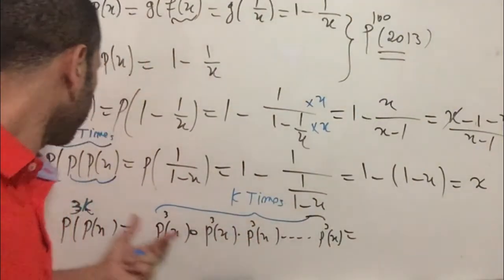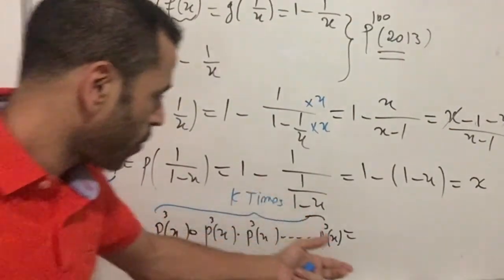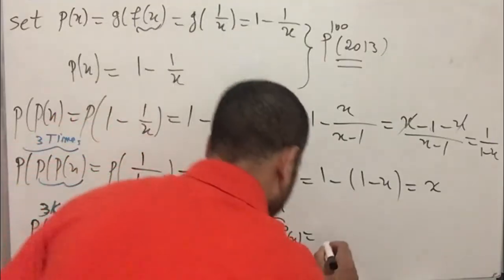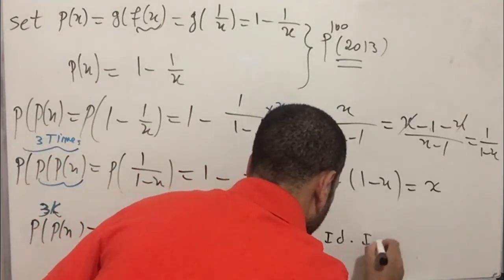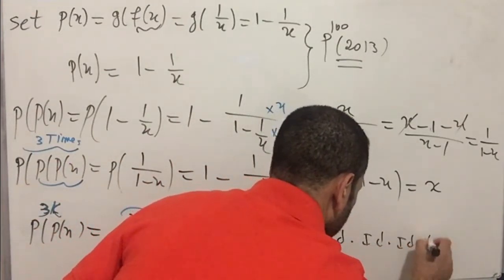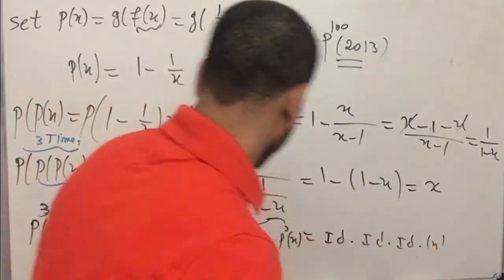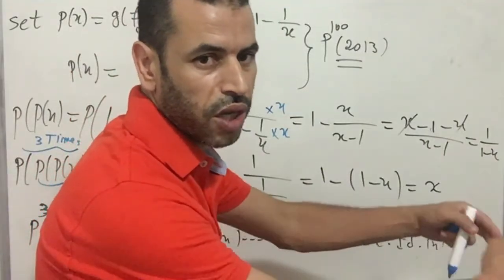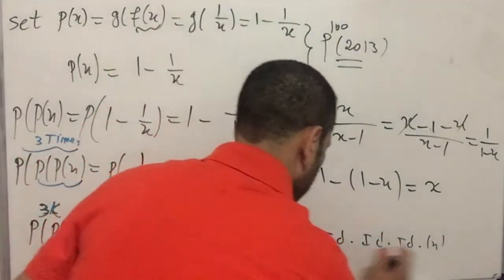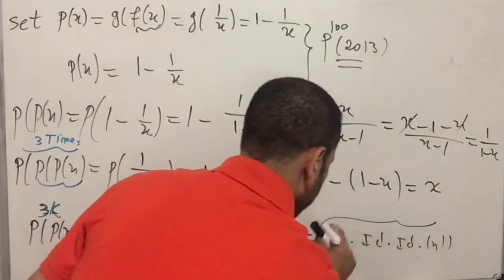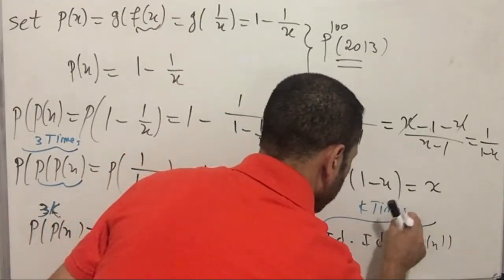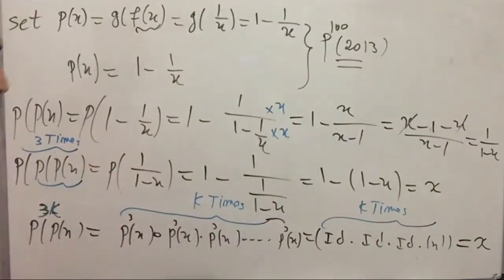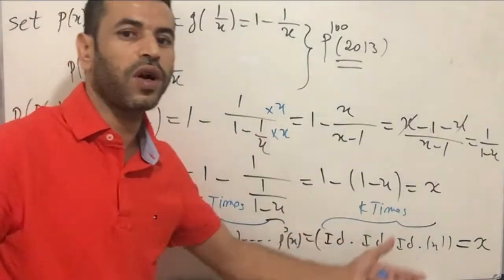If we keep doing this composition in groups of 3, we always get the identity function, which is x.